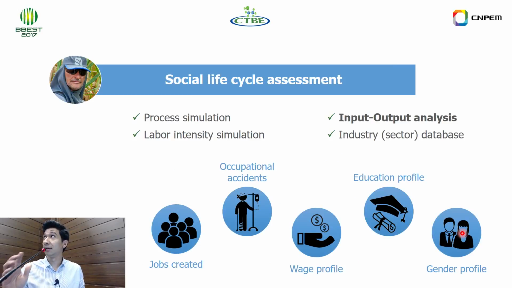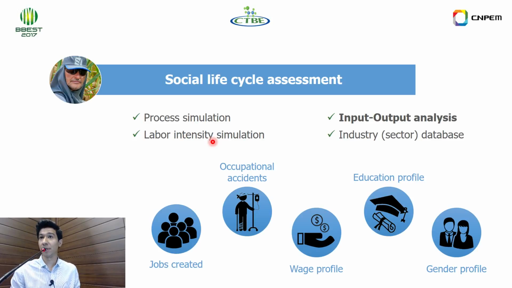And finally, the social life cycle assessment and the social analysis is usually neglected from the sustainability assessments, maybe because it's very difficult to obtain quantitative metrics to assess the impacts of some, for example, biofuel technology over the whole entire production chain.